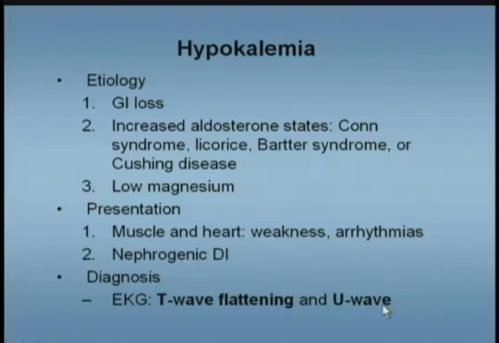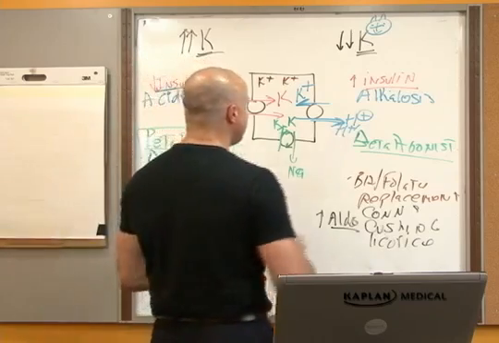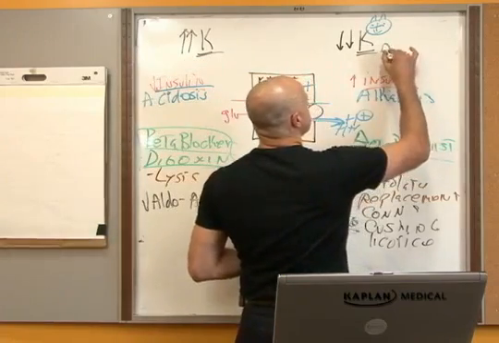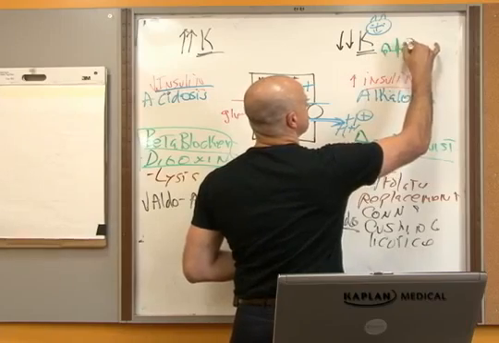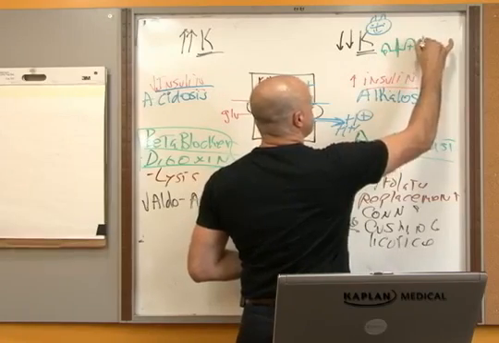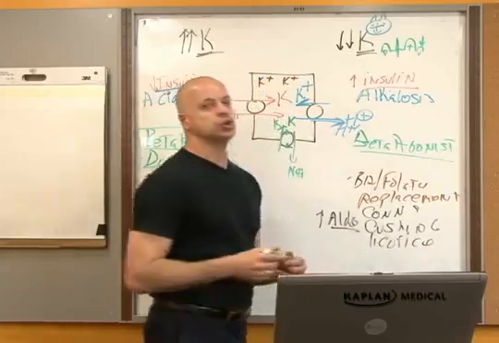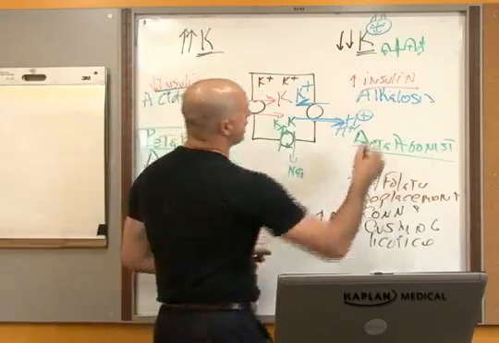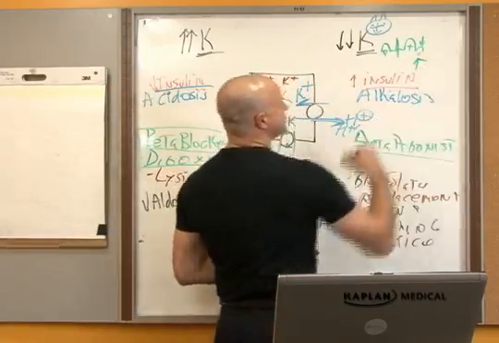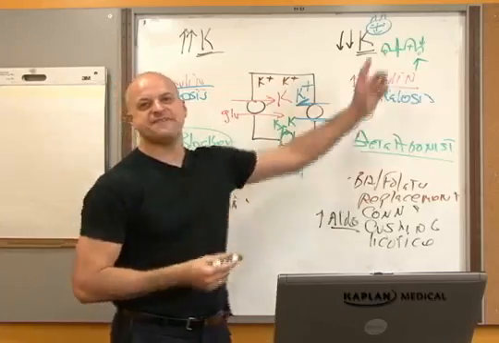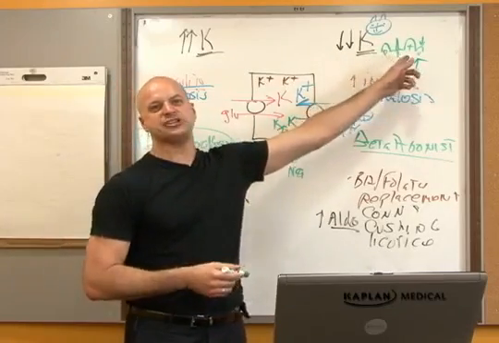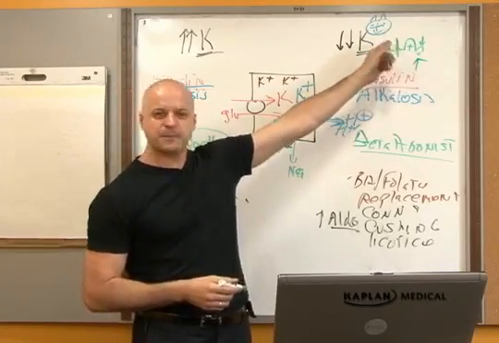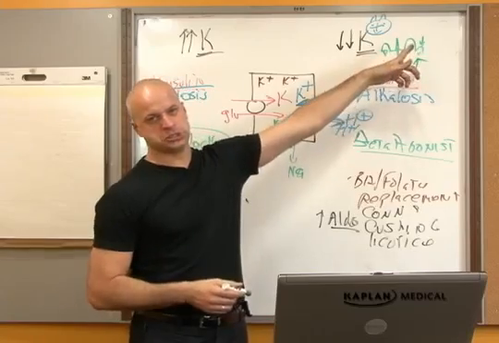P, Q, R, S, T, U. The U wave is an extra wave after the T wave indicating Purkinje fiber repolarization. It means you're also going to die of a potassium disorder.